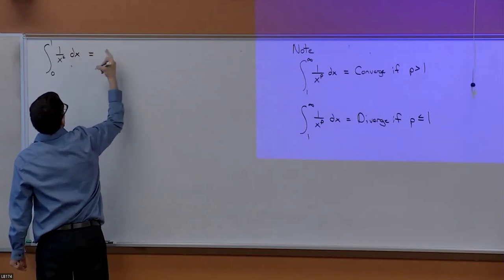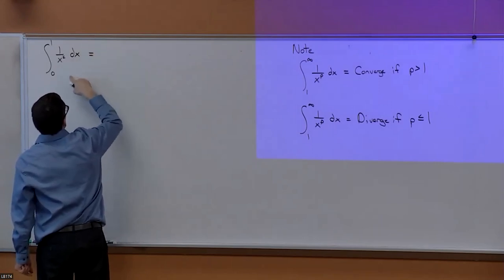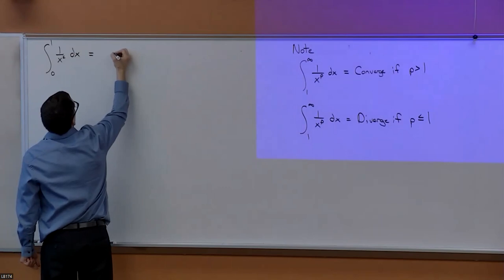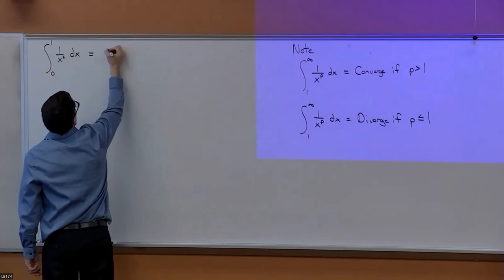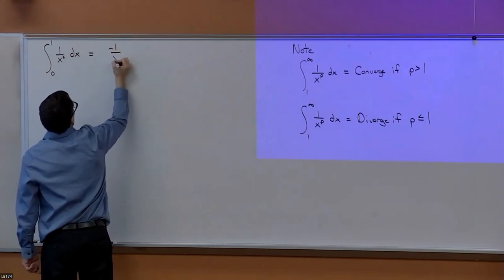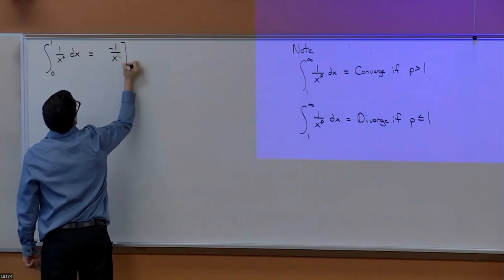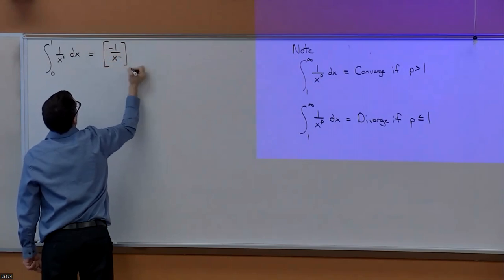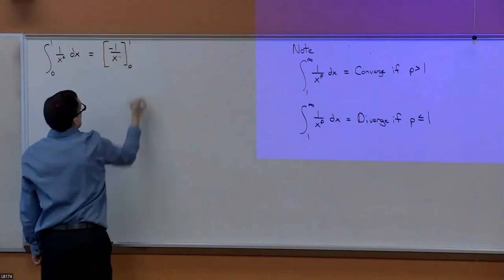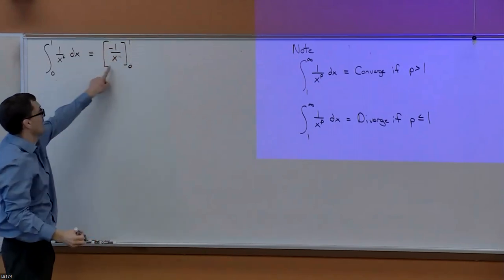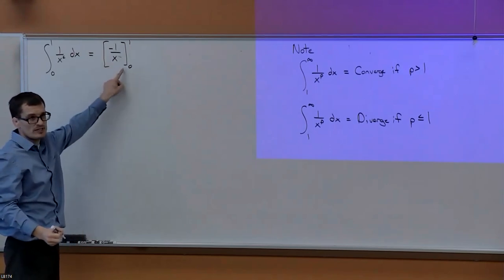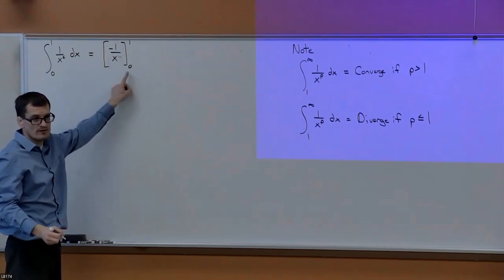So the antiderivative is going to work the same. We're going to get -1 over x to the first power, integrated from 0 to 1. I did that last, what was it, example 1, so I think we're okay there, right?